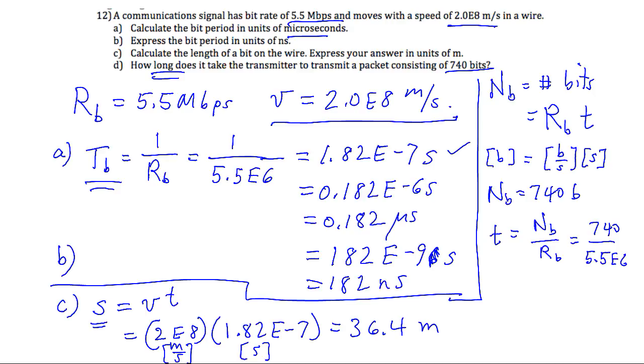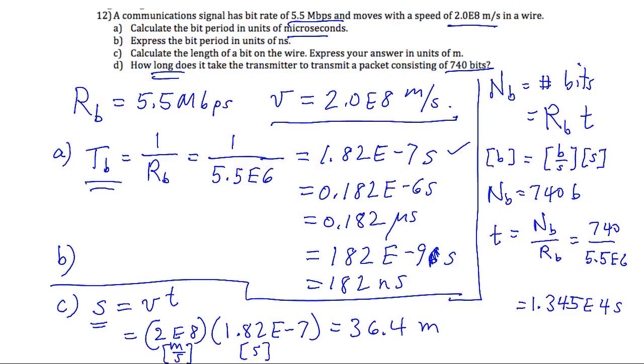If I plug that into my calculator, 740 divided by 5.5 times 10 to the 6th, that's equal to 1.345, let's say. We'll just take 3 or 4 significant digits, times 10 to the minus 4th, and that's going to be in seconds.